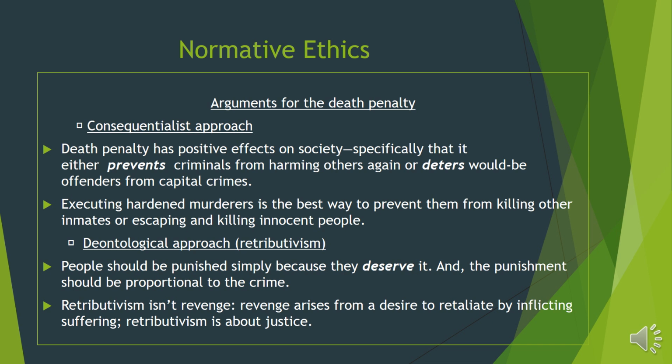If we think about arguments for in terms of deontology, we're thinking about retribution, once again proportional to the crime. You take a life, your life should be taken. And that retribution is not a revenge issue. It doesn't come from a desire to inflict suffering. It's about justice.